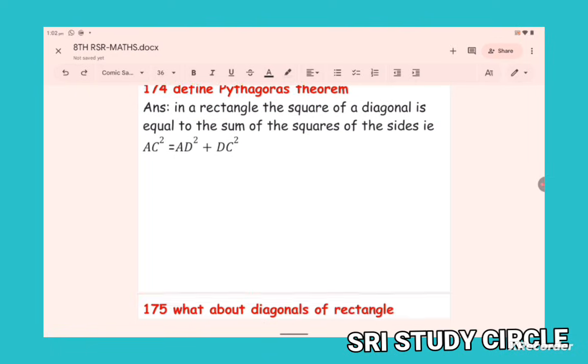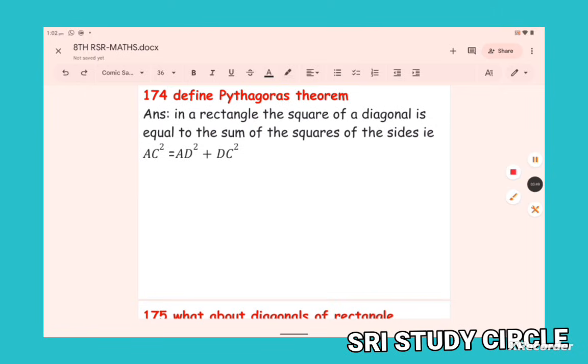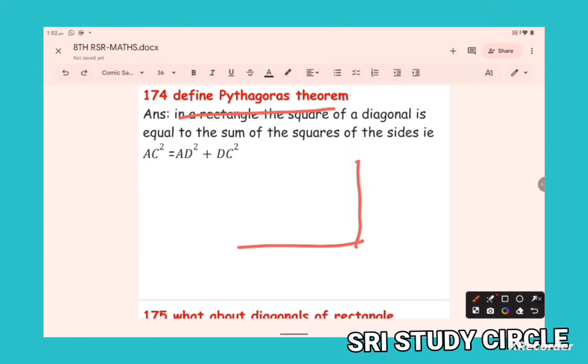Define Pythagoras theorem. In a right angle triangle, the square of the hypotenuse is equal to the sum of squares of the remaining two sides.